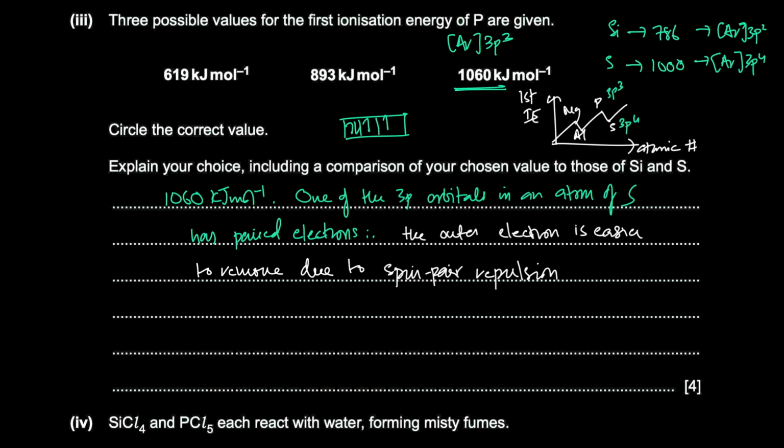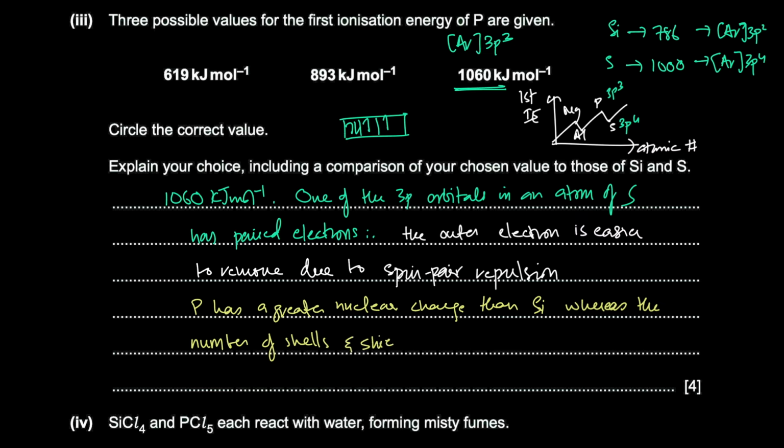The reason it's greater than silicon is because phosphorus has a greater nuclear charge than silicon, whereas the number of shells, and therefore shielding, remain the same, are similar.